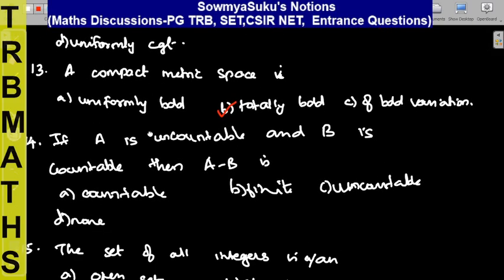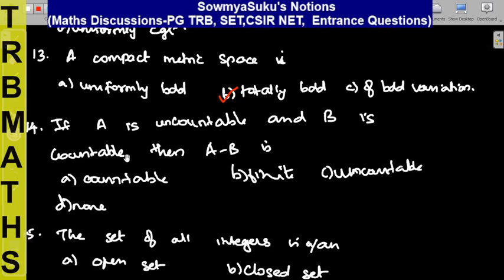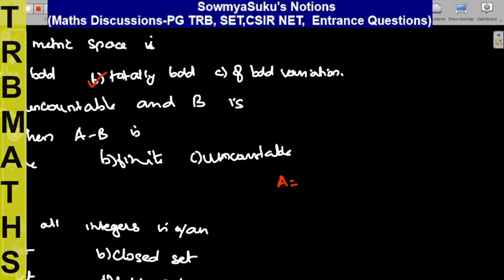Then, if A is uncountable and B is countable, then A difference B is countable, uncountable or finite? Here A is uncountable and B is countable. So we can take A equal to R, which is uncountable, and B equal to N, the natural numbers, which is countable.